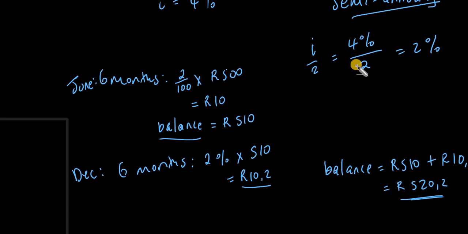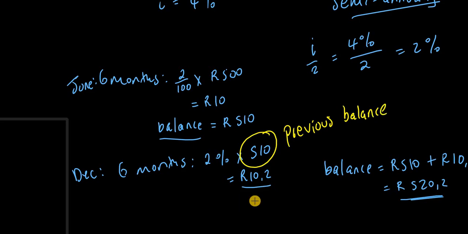If it is monthly, you divide the interest by 12, then you get a new small interest you're gonna be using to calculate the balance every month. But you always use the previous balance when you say interest times, you're gonna always be using the previous balance all the time. That's what is compound interest.